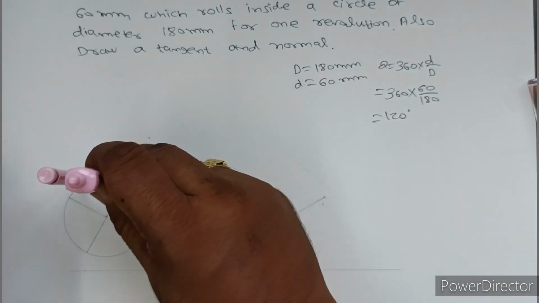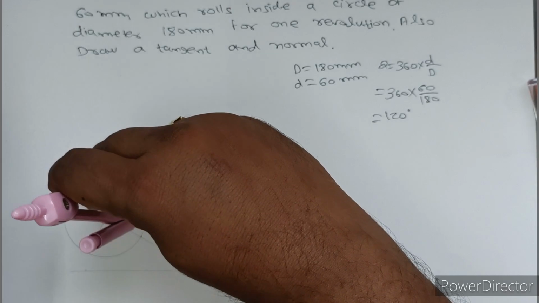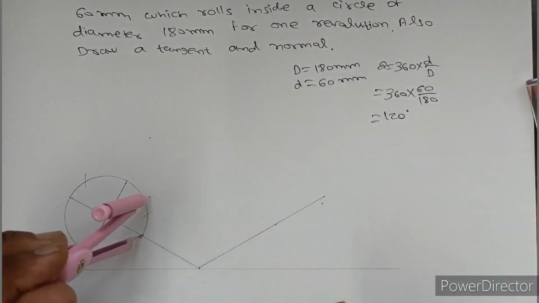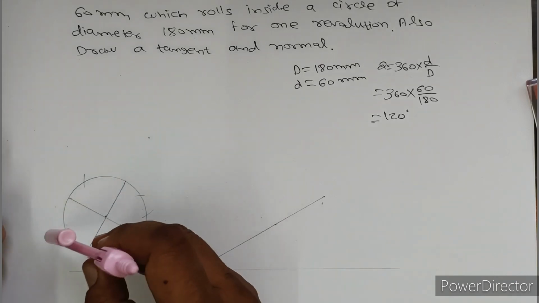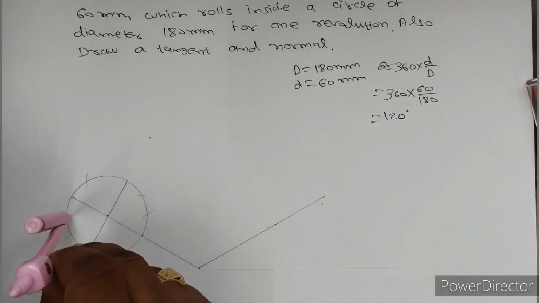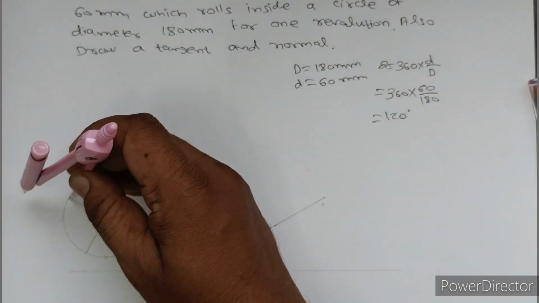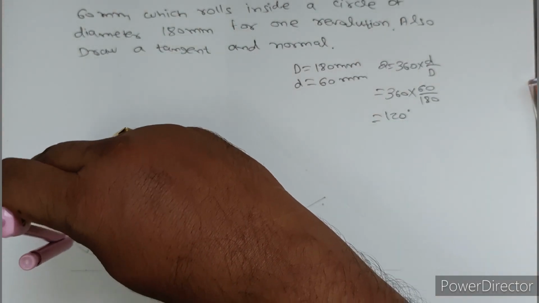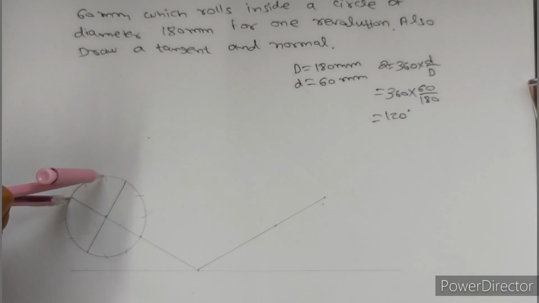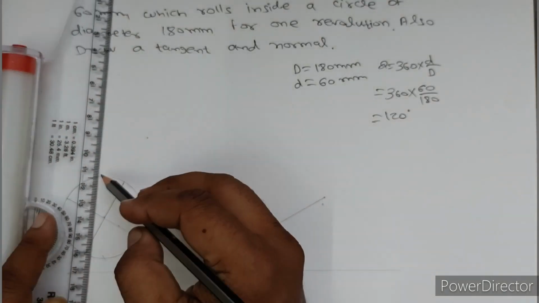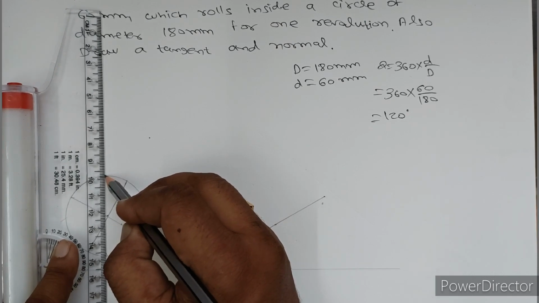You have to join all the parts with lines passing through the center of the circle.